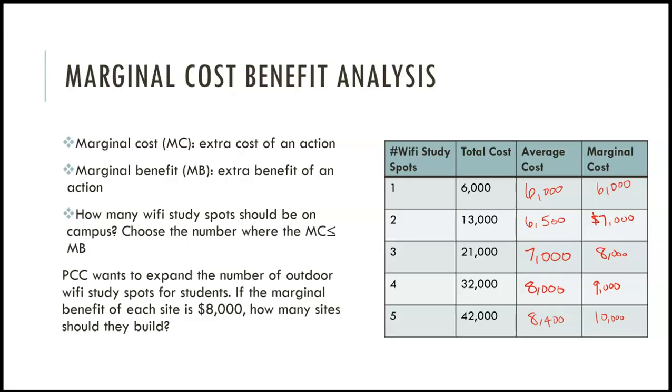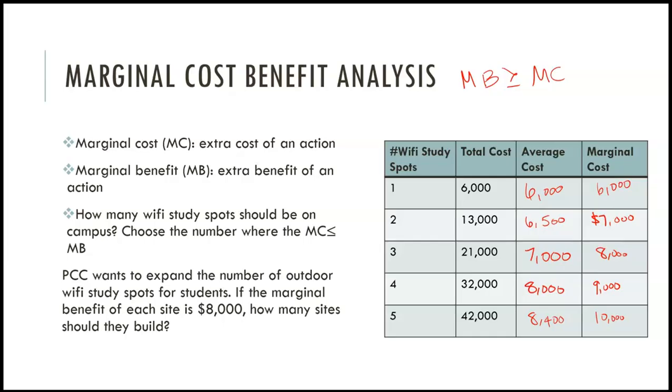Okay, so when we're using our rule, we want to pick the point where marginal benefit is greater than or equal to marginal cost, or marginal cost is less than or equal to marginal benefit. Basically, we want to be getting at least as many benefits as what it's costing us.